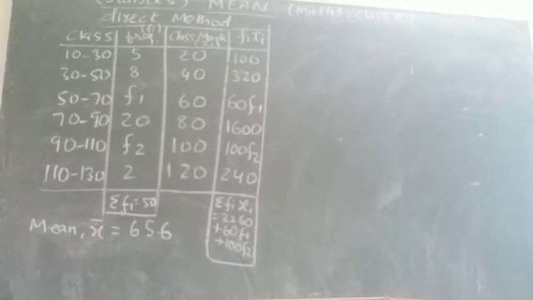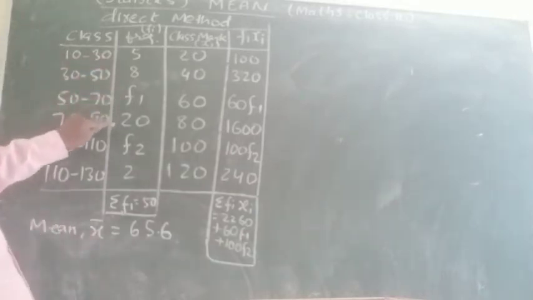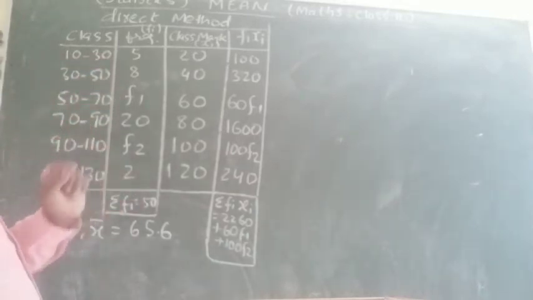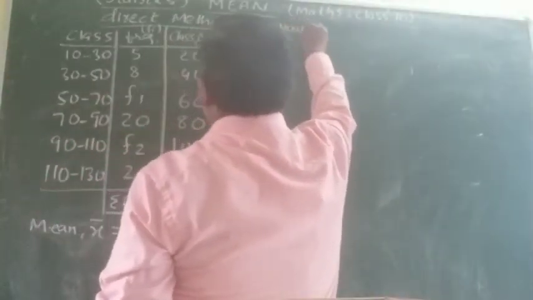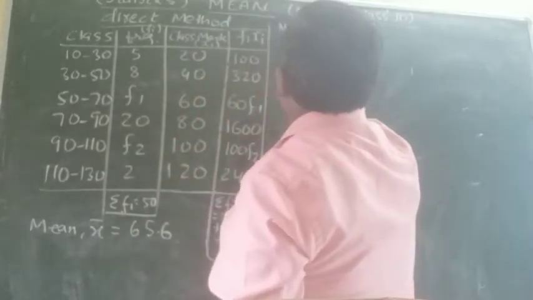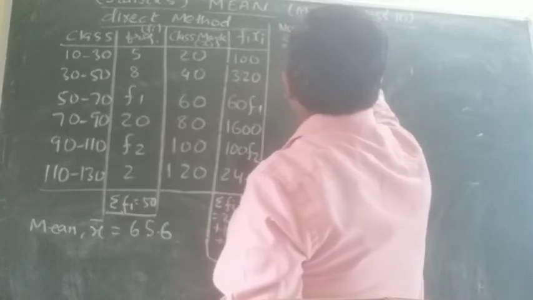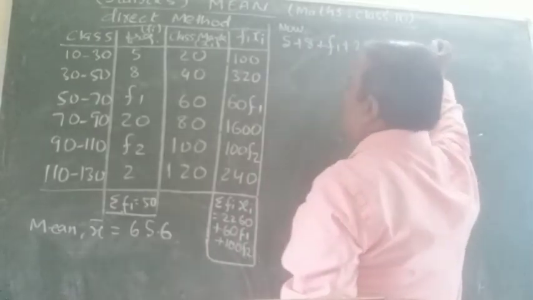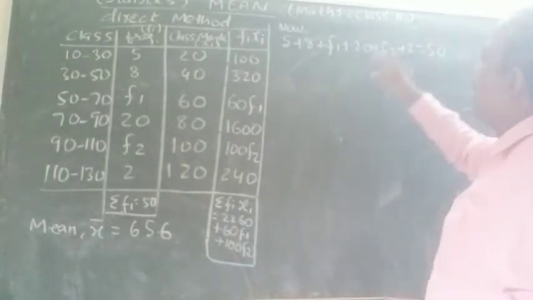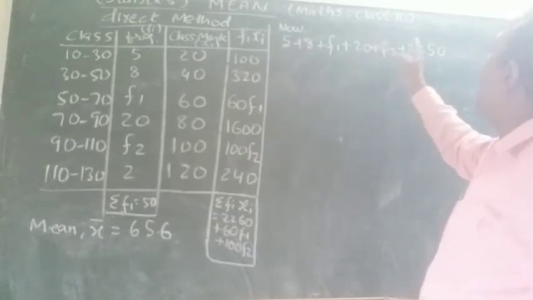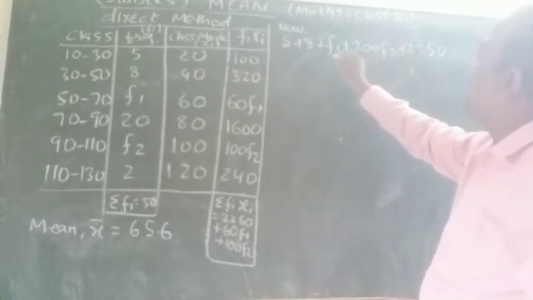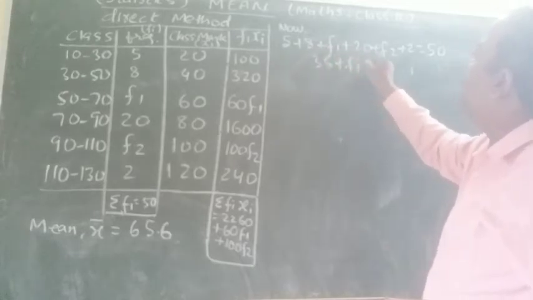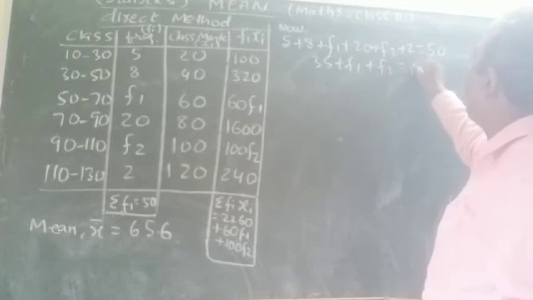If we go with 5 plus 8 plus F1 plus 20 plus F2 plus 2 equal to 50, we get the relation between F1 and F2. 5 and 8 is 13, and 2 is 15, and 20 is 35. So 35 plus F1 plus F2 equals 50.